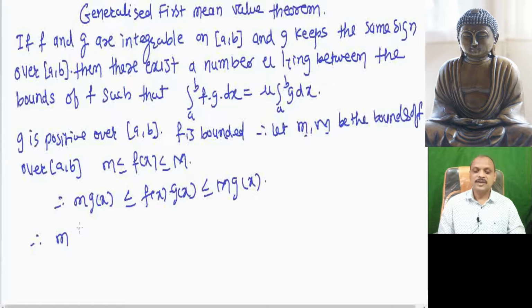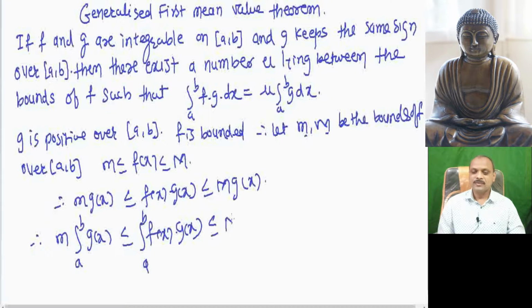And from this, if we integrate, we get m times the integral from a to b of g of x is less than or equal to the integral of f of x times g of x between the limits a to b, which is less than or equal to capital M times the integral of g of x between the limits a to b. Again, here we are taking mu between capital M and small m.